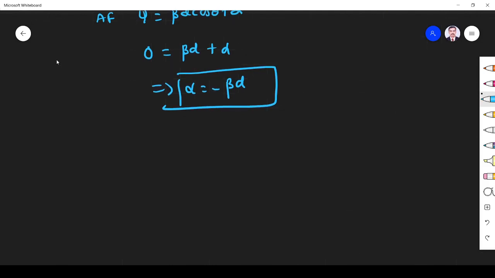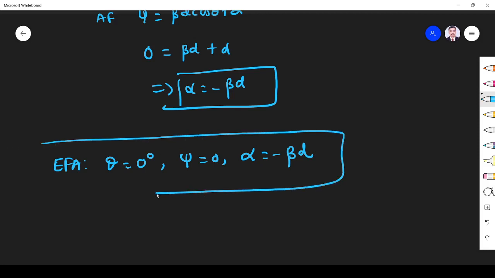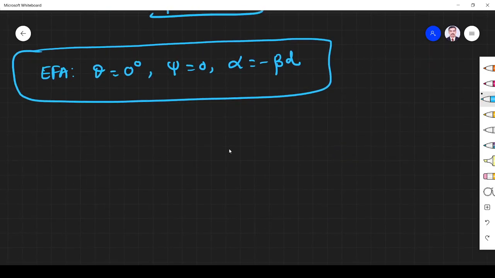So for End-fire array, what are the three important characteristics? Theta is equal to 0 degree, psi is 0, and alpha, the progressive phase shift, is minus beta d. Beta is equal to 2 pi by lambda, that we know. Fine. So these are the primary parameters to be understood in the End-fire array.